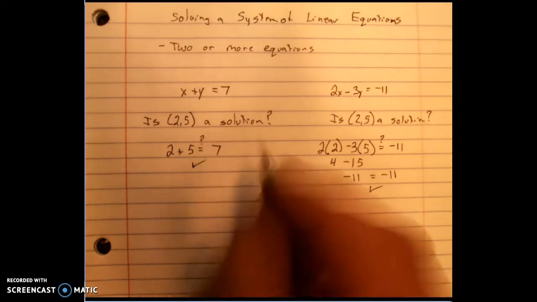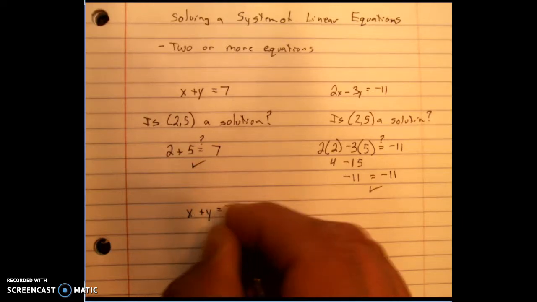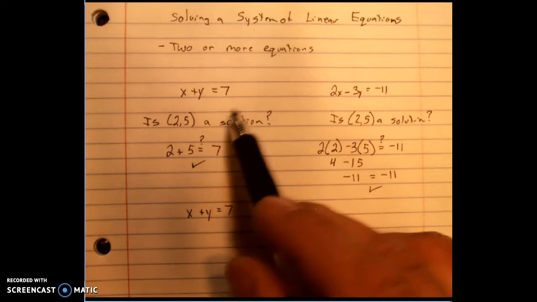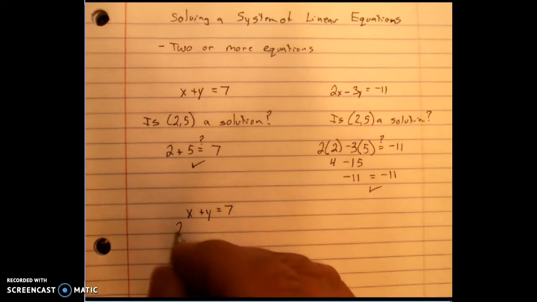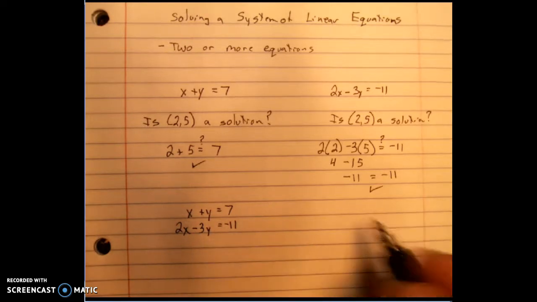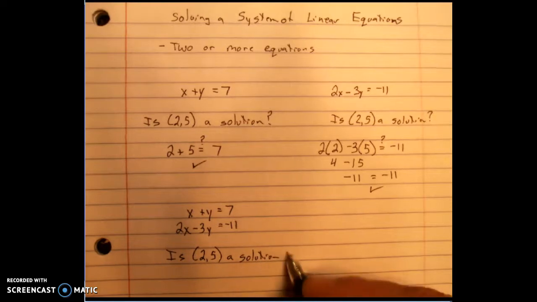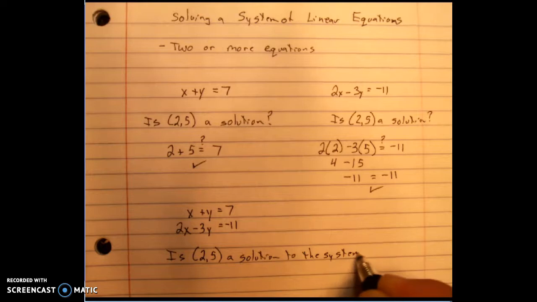So if I talked about these two lines being a system of equations, and I asked, is the point (2, 5) a solution to the system, what would we do?